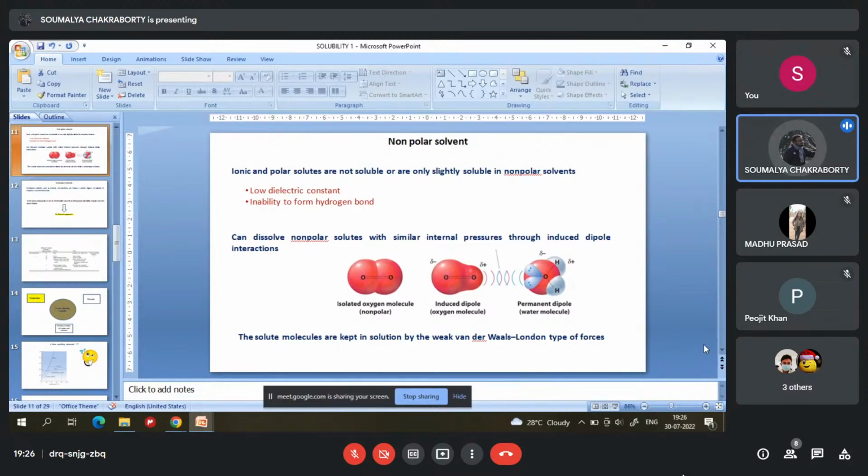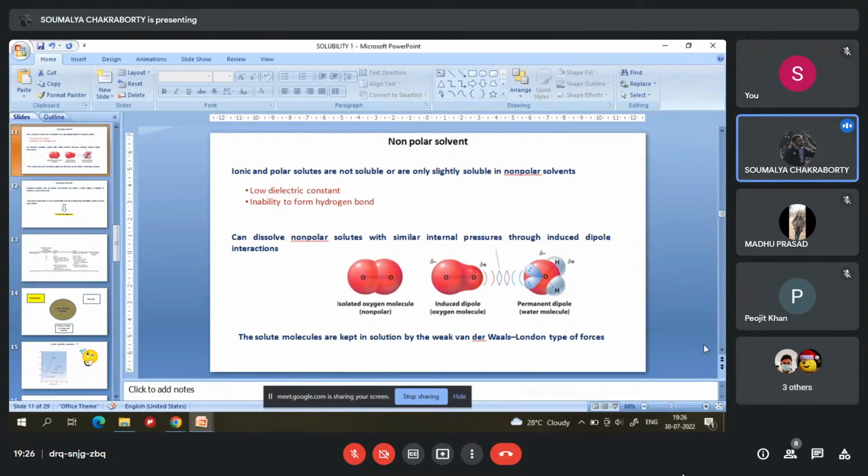So what are the main driving forces behind the solubilization of non-polar solutes in the non-polar solvent, or from a different angle, the question can become: why does a polar solute not get dissolved in the non-polar solvent? You can see the two words written in red color.